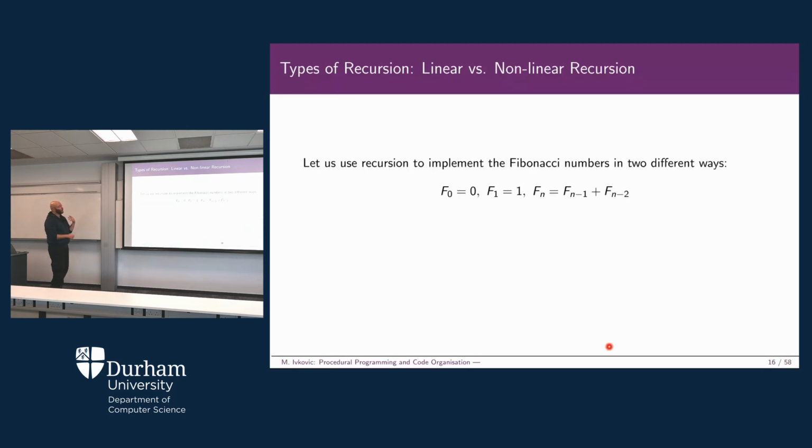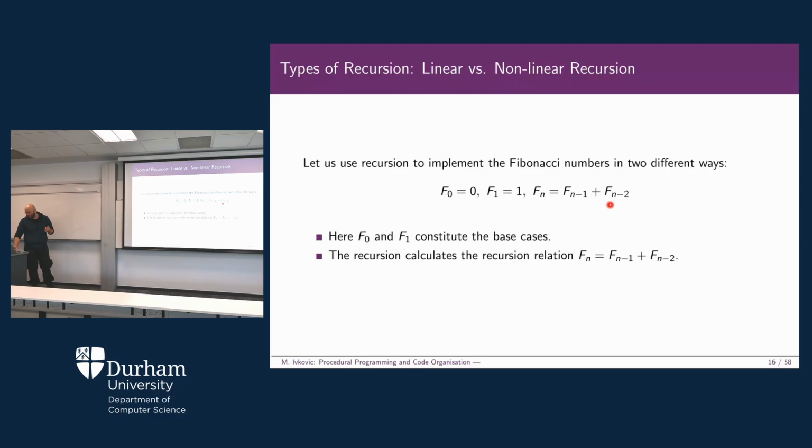Let's say we want to use recursion to implement computing the Fibonacci numbers, where the 0th number is defined as 0, the first number is defined as 1, and then the nth number is defined as the sum of the previous two. And you can already see what's going to happen here. Since we need two previous ones, there is an opportunity to call the function recursively twice. So f0 and f1 here are what we call the base cases.